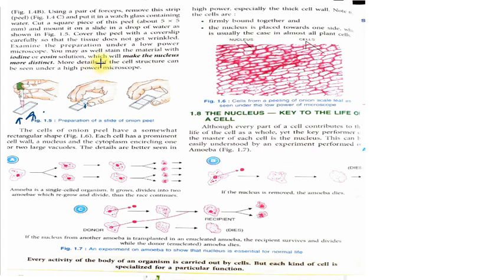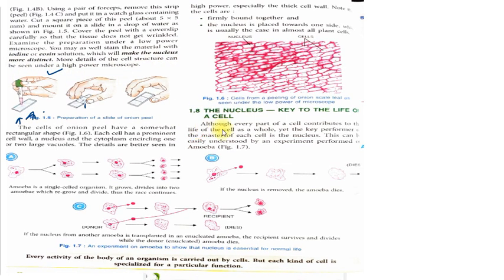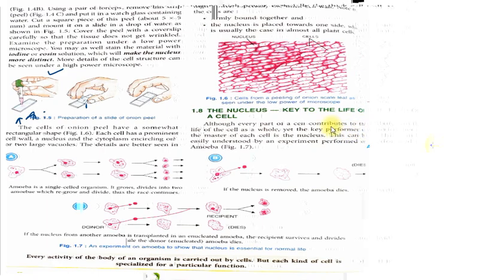Now carefully examine the preparation under a low power microscope. You may also stain the material with iodine or eosin solution, which will make the nucleus more distinct. You can put iodine solution on it. More details of the cell structures can be seen under a high power microscope, right, students?